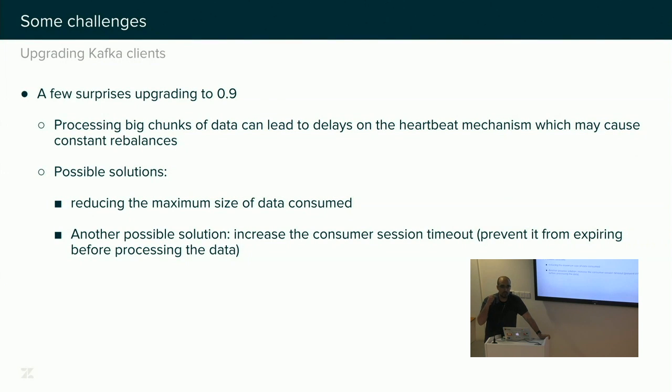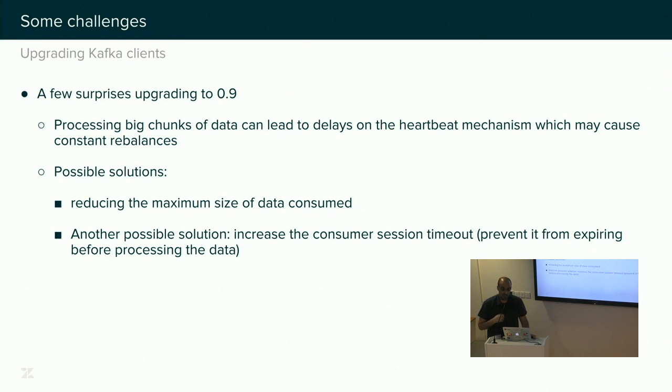This is what was making the broker think that the consumer was dead. There is a consumer timeout, and if the heartbeat takes longer than this timeout to signal to the broker that the consumer is still alive, the broker will just think that it's dead. So a way to fix this is to increase this property.